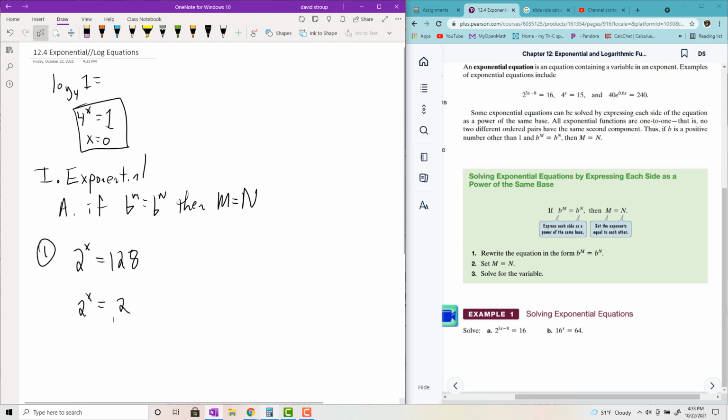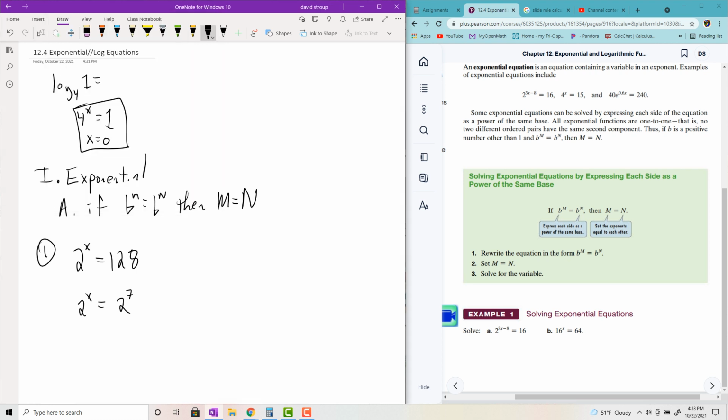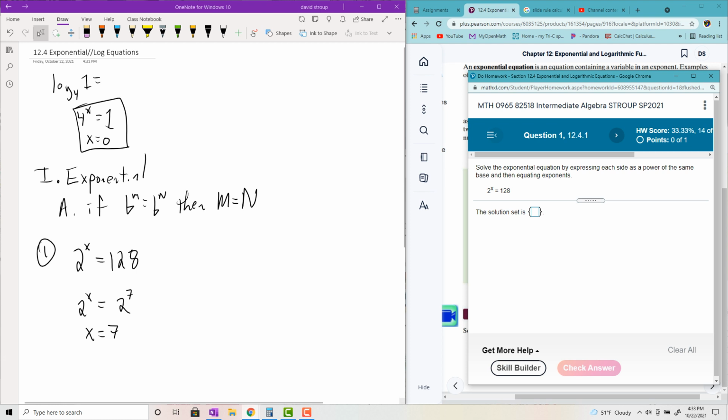Okay, so you may have to go to your calculator and play around a bit. It's 2 to the, I don't know, what is that? 7 maybe? Yeah. Okay, so x must equal 7. All right, and it really is kind of that easy. Of course, the homework, they're going to try to trick you and make it harder.